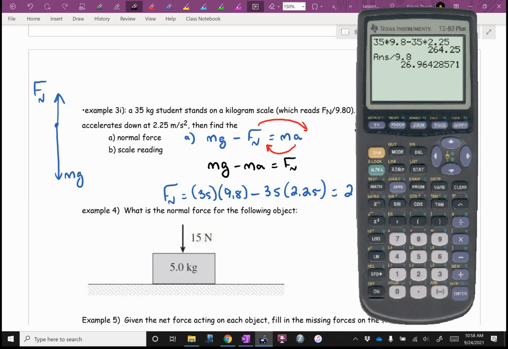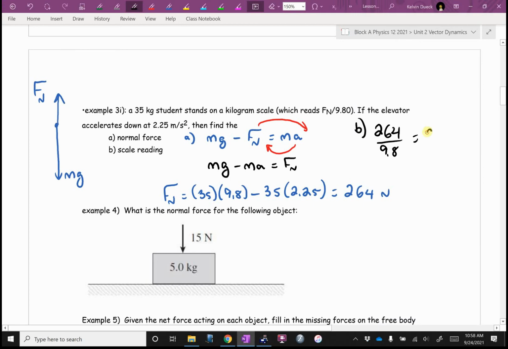And I get 27.0 if I go to 3 sig figs. So 35 kilograms originally, 27 kilograms. They feel lighter. Has their mass changed? Nope. What's changed? Their apparent weight, the normal force, the weight that you feel.